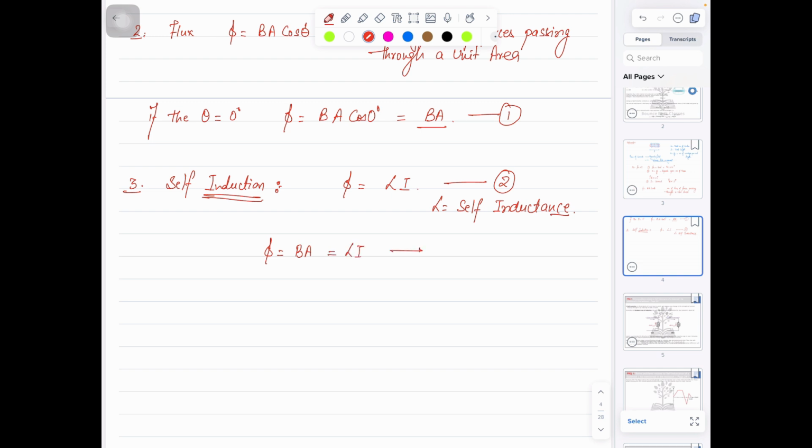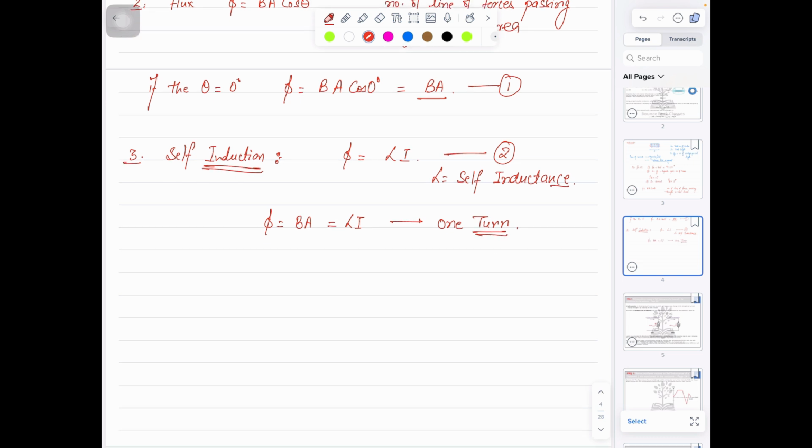This is for one turn. Remember, for one turn. Because if we are learning about the solenoid, we have a number of turns. So if we have N turns, how can we solve this?